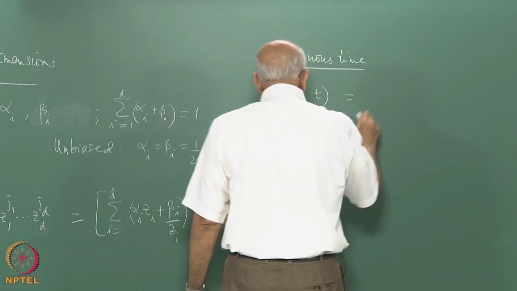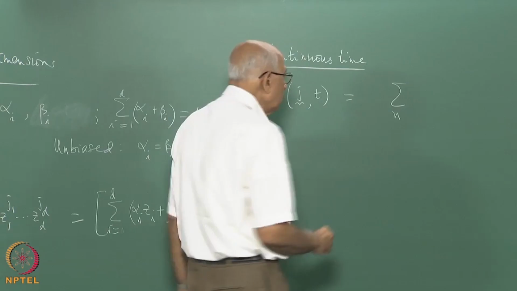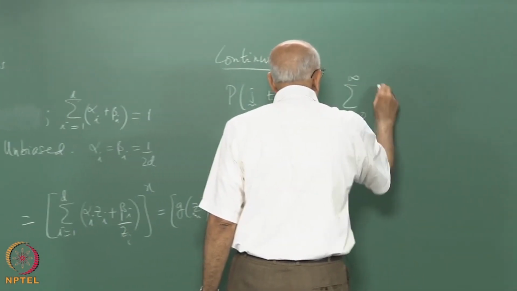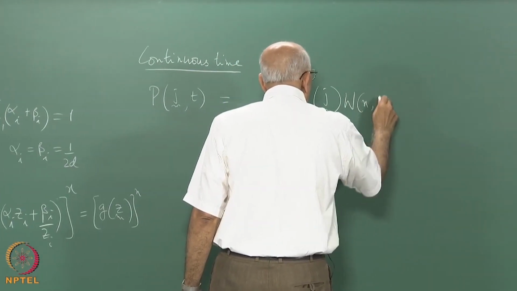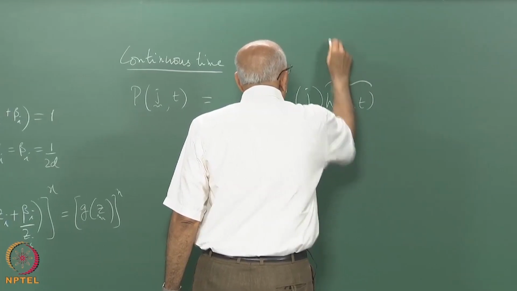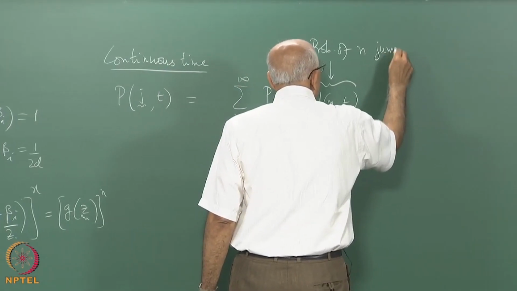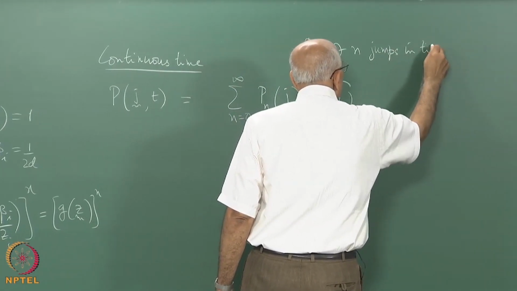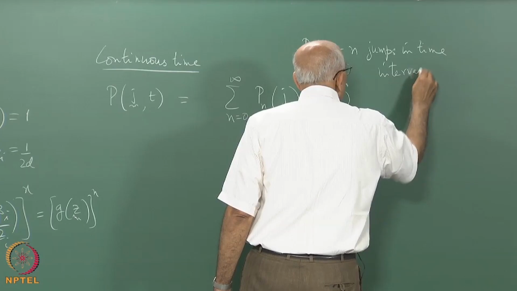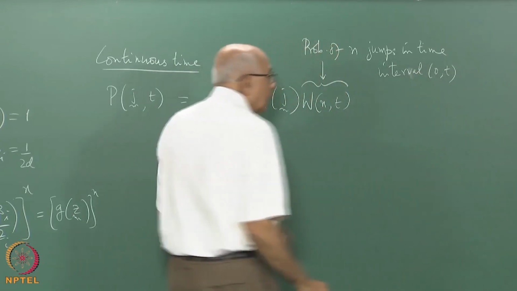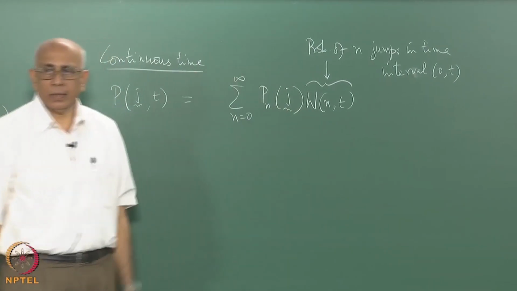This is obviously equal to a summation over n from 0 to infinity in principle P_n of j times w of n comma t, where this fellow here is the probability of n jumps in the time interval 0 to t. Exactly n jumps, and you are going to allow for all possibilities, so you sum over n.